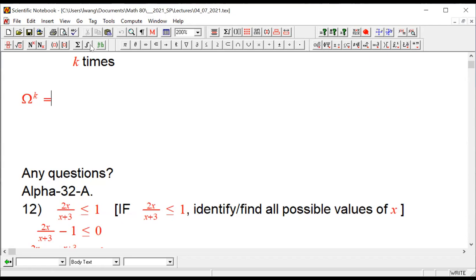Omega to the power k is really just omega multiplied by omega multiplied many times. Okay, sorry, I'm not playing music here.